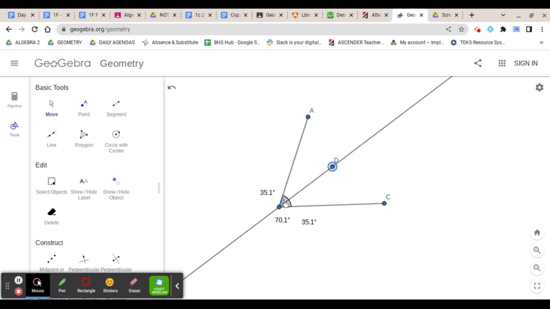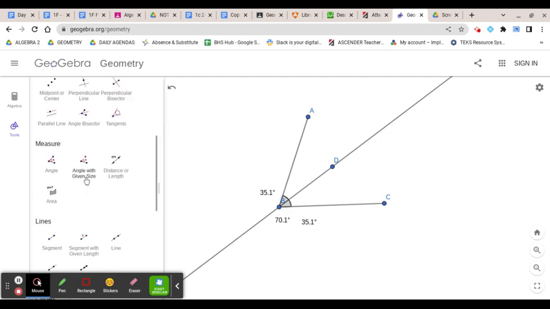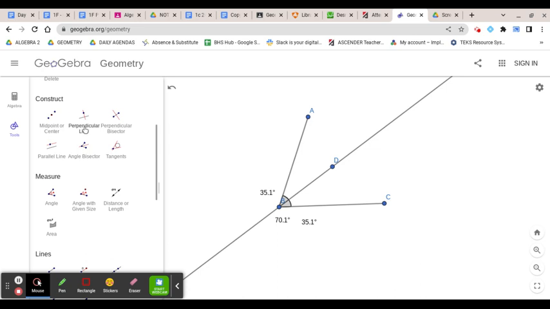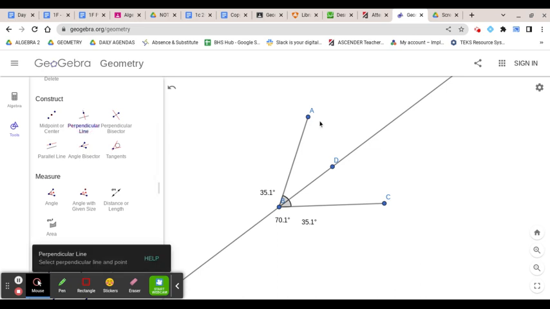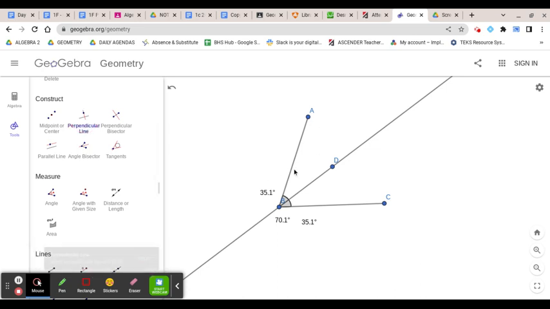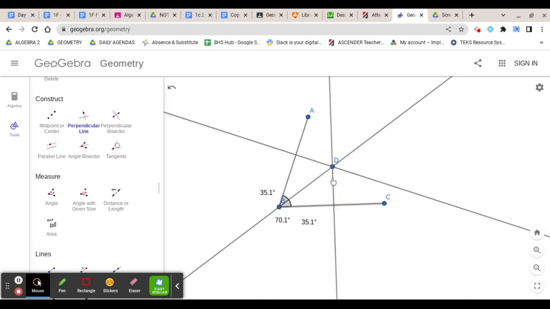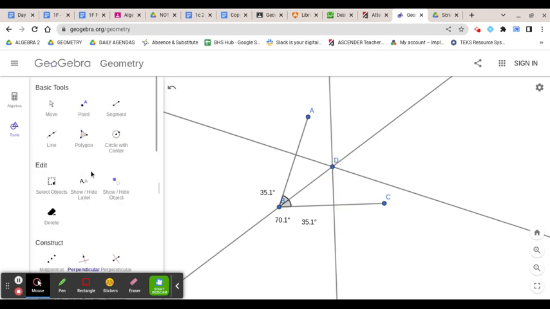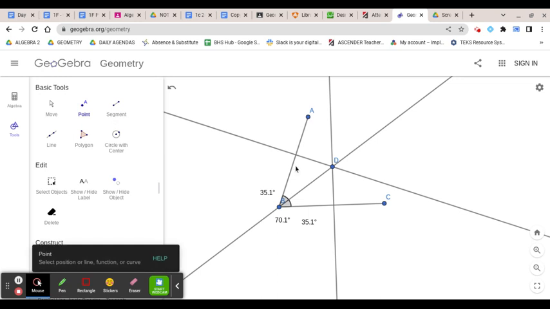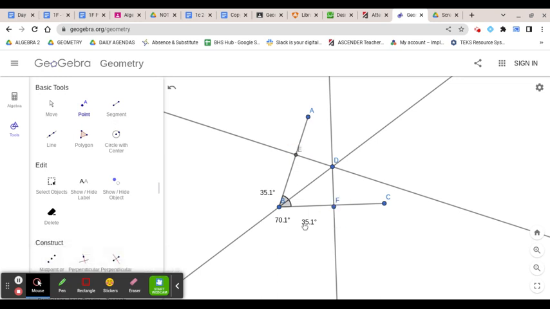Now I want to talk about the distance from point D to each of these lines right here, to this and this. All right, so what we're going to do is I'm going to draw a perpendicular line through AB to D, and a perpendicular line from BC to D. I'm going to put a point right there and a point right there.